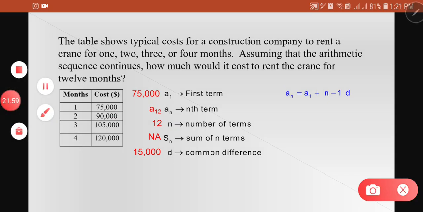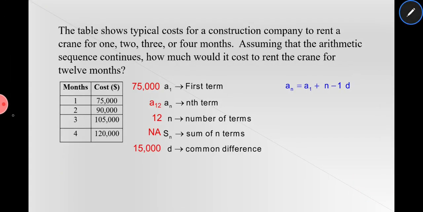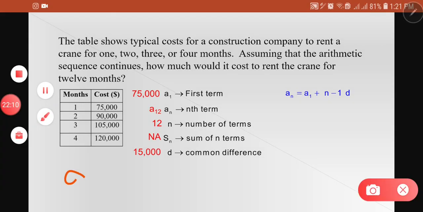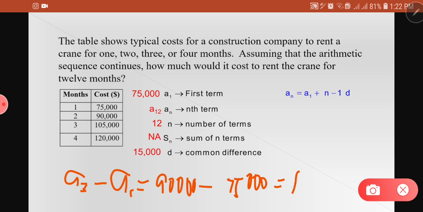Si common difference nakuha by subtracting the second term minus the first term, which is we have 90,000 minus 75,000, we have 15,000.